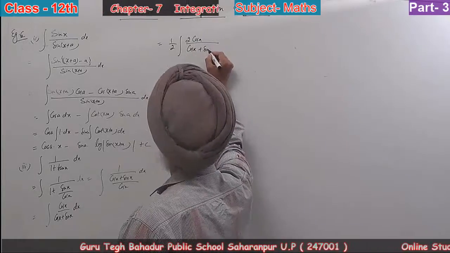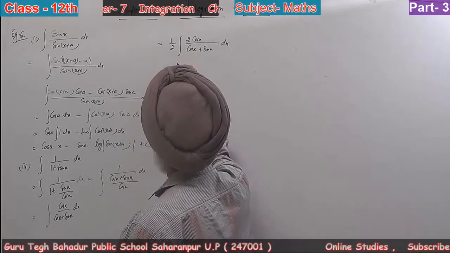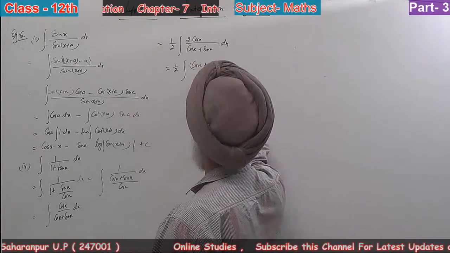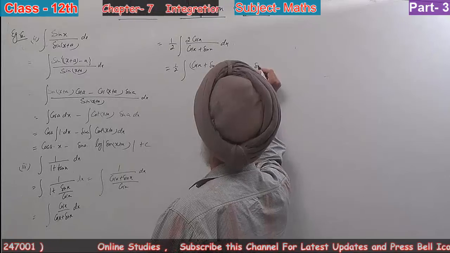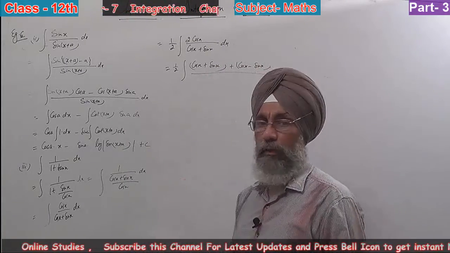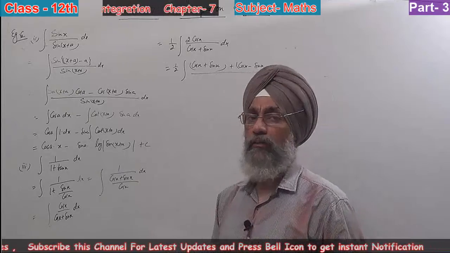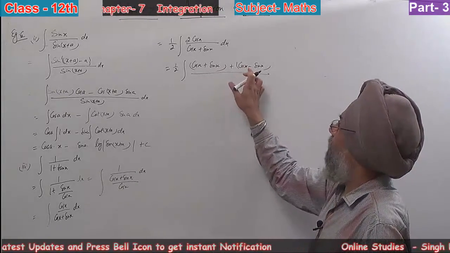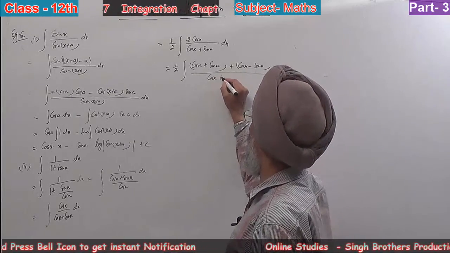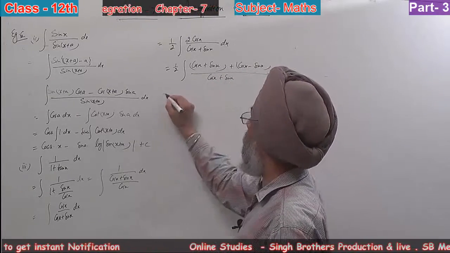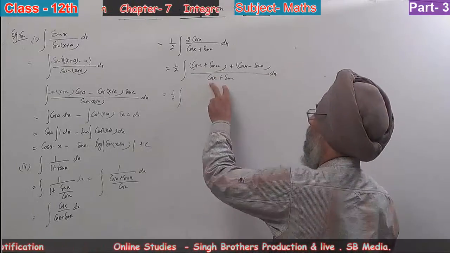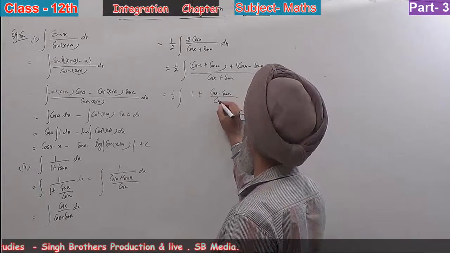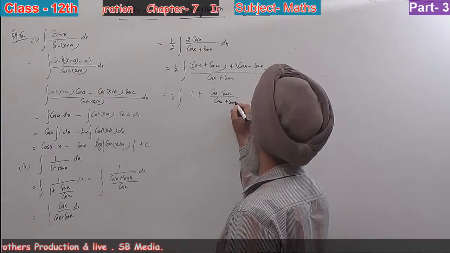In the numerator we have 2 cos x, so we arrange it by adding and subtracting sin x to it. It becomes cos x plus sin x plus cos x minus sin x upon cos x plus sin x dx. Again splitting it, it becomes 1 plus cos x minus sin x upon cos x plus sin x dx.